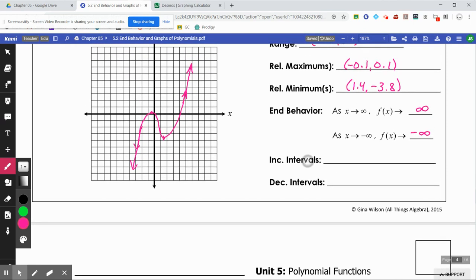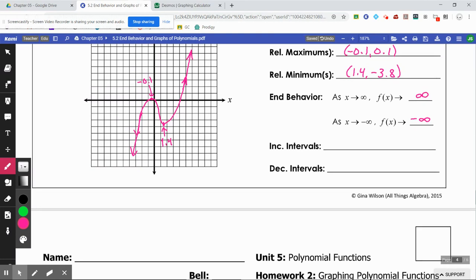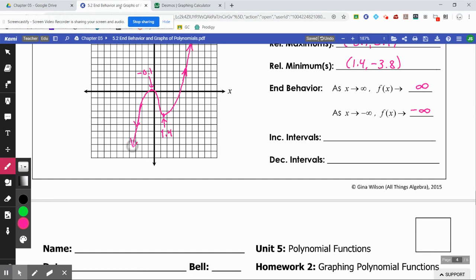Now, where does it increase and decrease? Let's label these x values again. This x value is negative 0.1. This x value is 1.4. And the reason I'm concerned with those x values is that's where my graph stops increasing and starts decreasing, or vice versa. So reading it from left to right, my graph goes uphill till it gets to that x value.